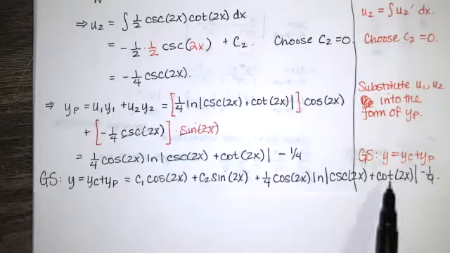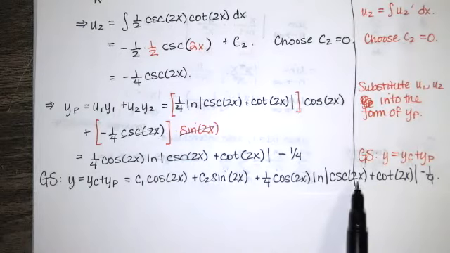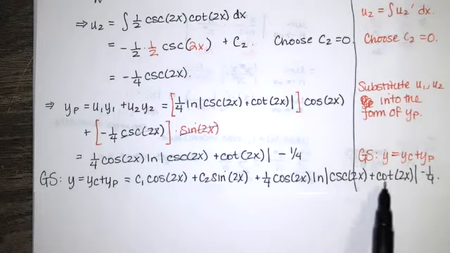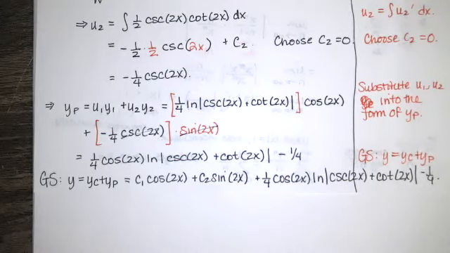And it will also be undefined anytime the sum of these two functions is equal to 0, because you can't take the log of 0. And the absolute value will make any negative numbers fine. But there are a lot of little issues there that make finding that interval of existence a little bit tricky. So I'm not going to worry about it this time.